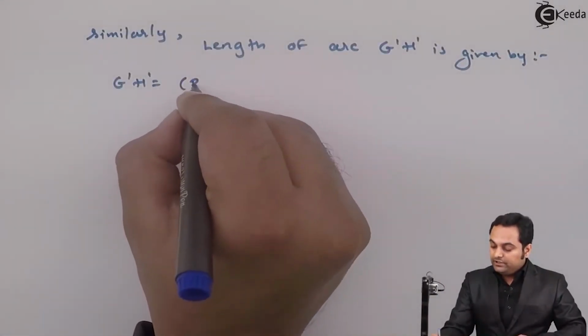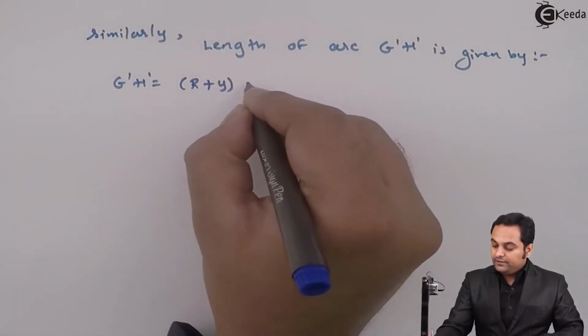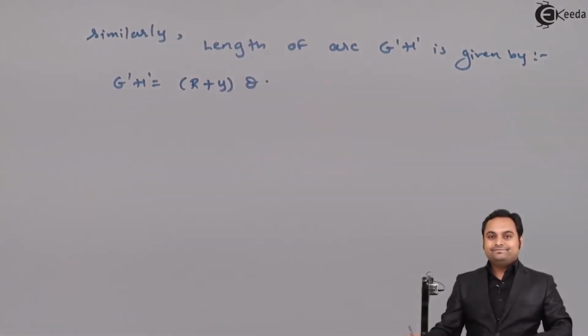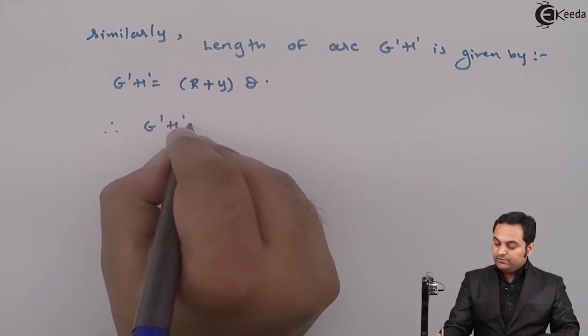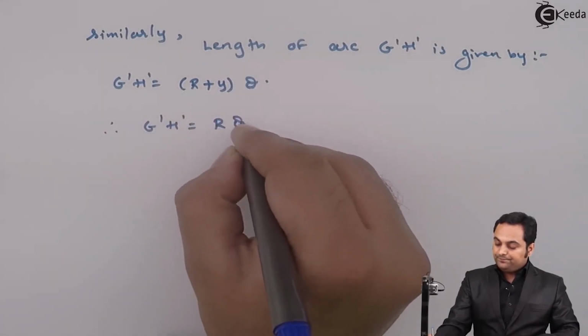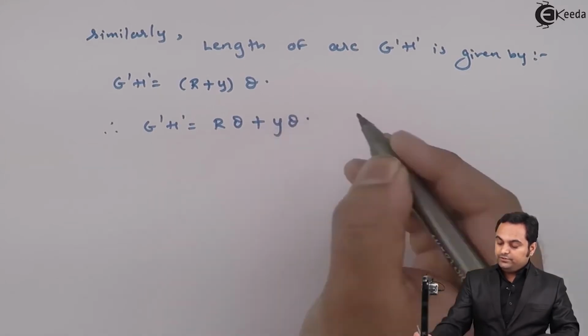So capital R plus Y into theta. Hence G dash H dash will be R into theta plus Y into theta.